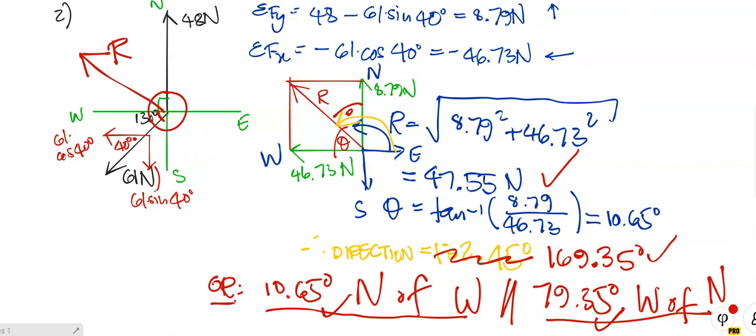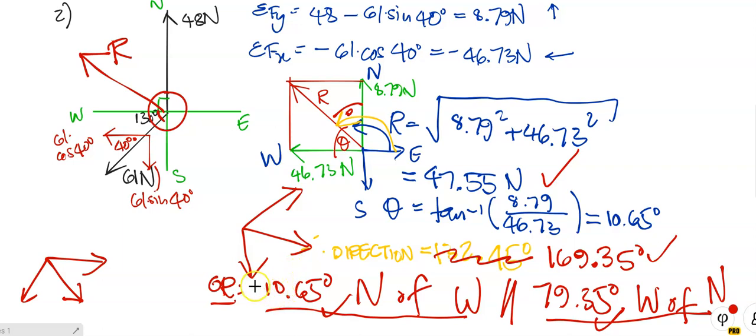So if we have a force acting like so, and a force acting like so, we can guess the resultant must be acting somewhere over there. Are you getting the picture? All the forces have their tails emanating from the same origin. Okay, so that's all I want to say about that.